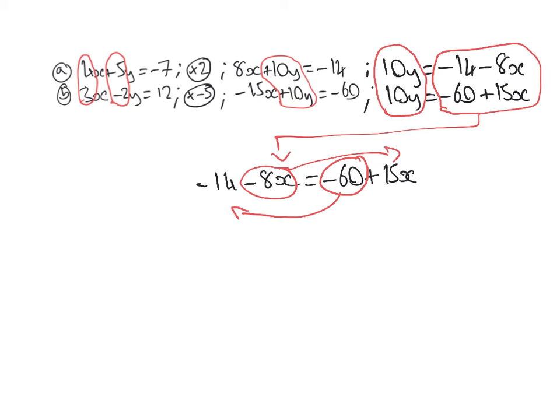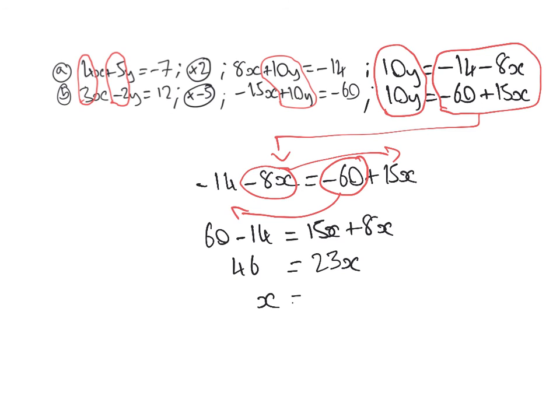Rewriting that equation, negative 60 becomes positive 60. 60 take away 14 equals 15x plus 8x. 60 take away 14 is 46, and 15x plus 8x is 23x. Reflect it around and divide by 23, and that gives us x equals 2.